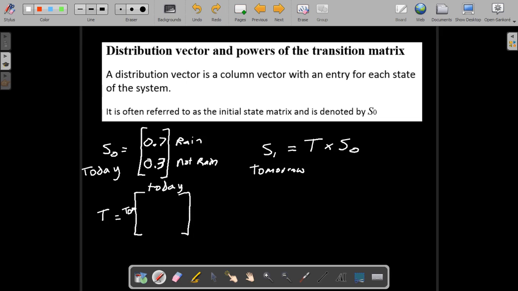So what's the chance of it raining tomorrow, given that it rained today? 0.7, 0.3. And what's the chance of it raining tomorrow, given that it didn't rain today? Well, that might be 0.4, which means we've got a 60% chance of it not raining tomorrow.